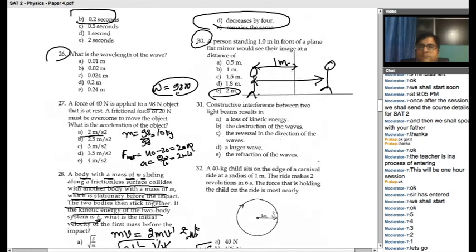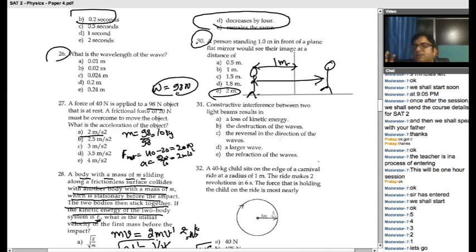31. Is it B or C? I don't know. See, constructive interference means when you add their amplitudes as it is.